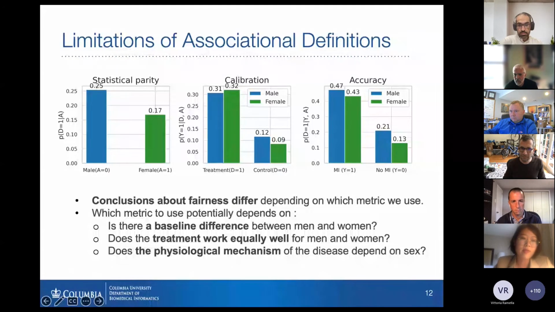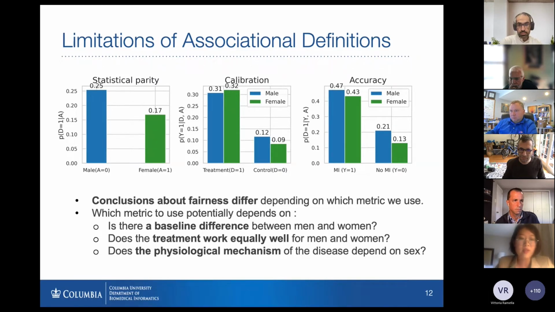So if I put all three metrics together, what did we just learn? We learned that different fairness metrics can lead to different conclusions. The reason why each of them is not ideal or not applicable to our setting can be complicated. But on a very high level, these metrics are all association-based, and association does not imply causation.